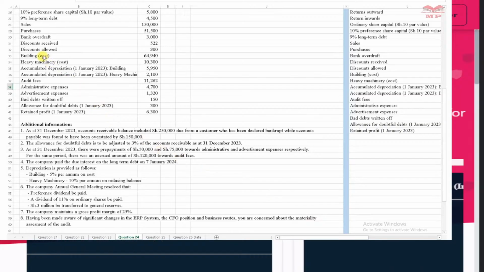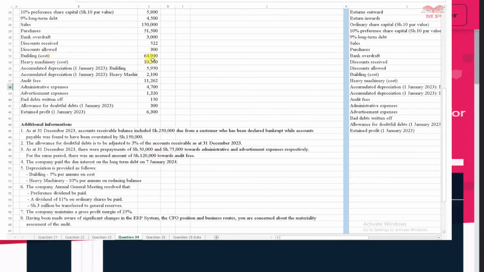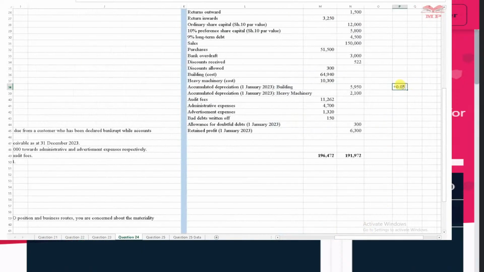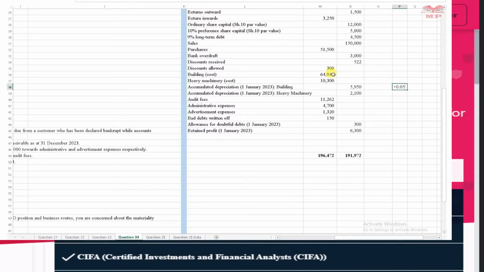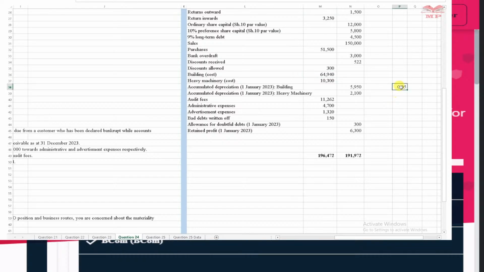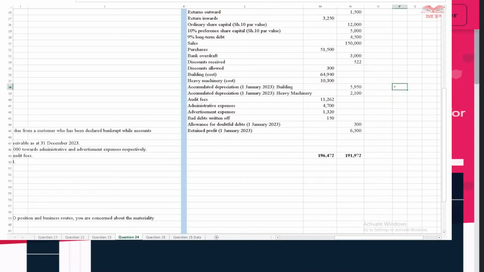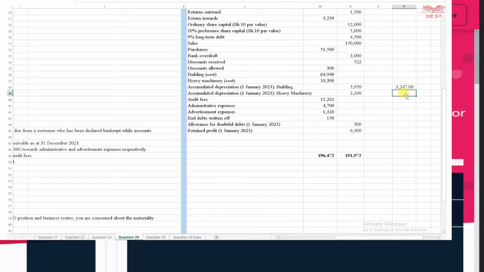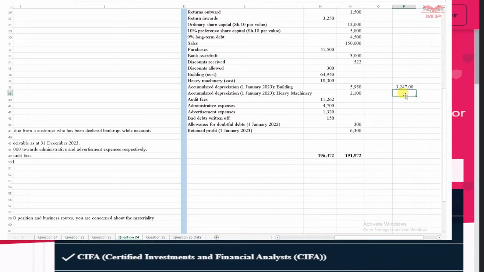We've been given the cost value over here of 64,940. So 5% of 64,940 on cost. You can see building on cost. So it's going to be 5% times 64,940. That is what you're going to get as our depreciation there. Accumulated depreciation for building.